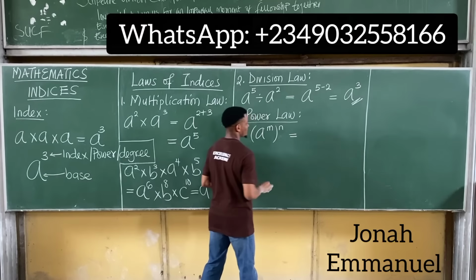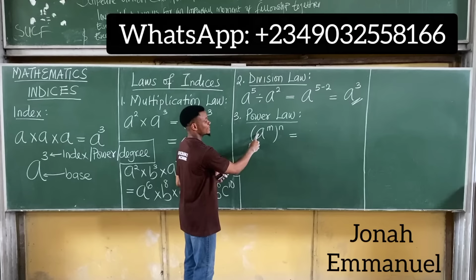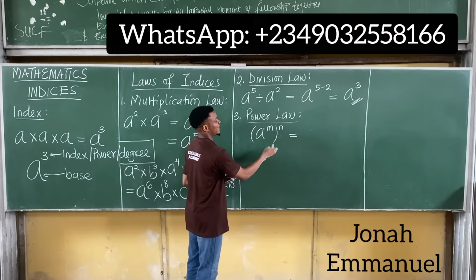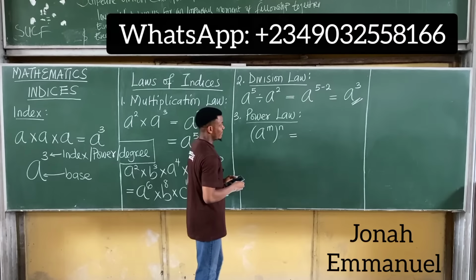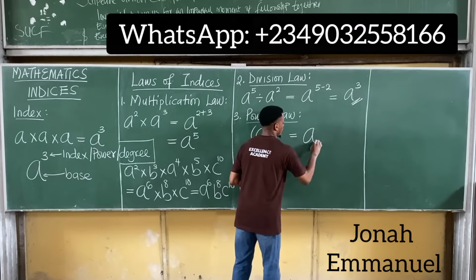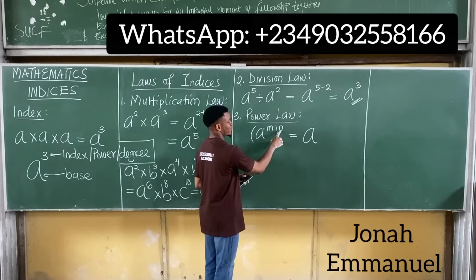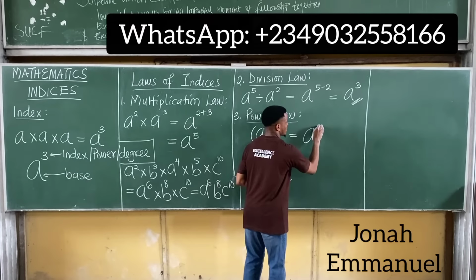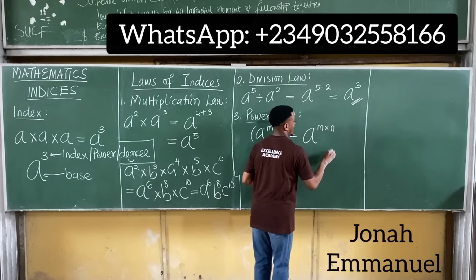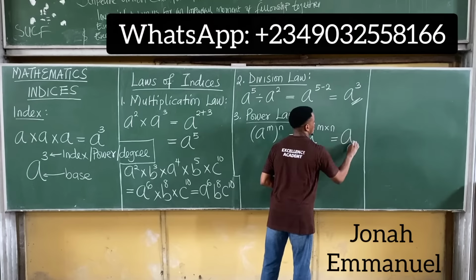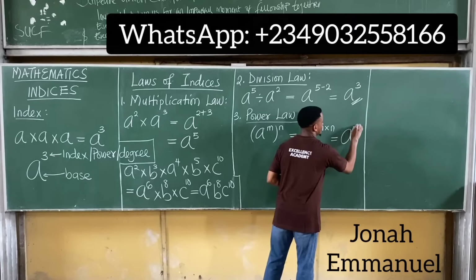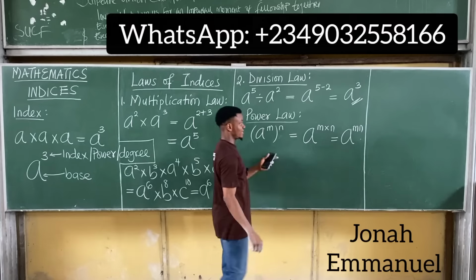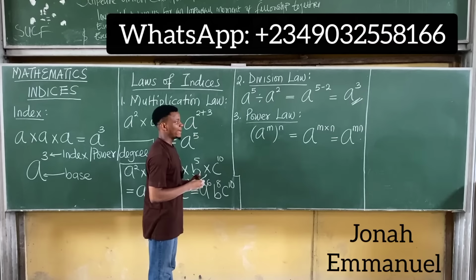If you expand this, I have a base raised to a certain power and multiplied n times. My value will be equal to A to the power, for this case, you multiply the two powers. So it becomes m times n, and that's equal to A to power mn. This is the expression of the power law.